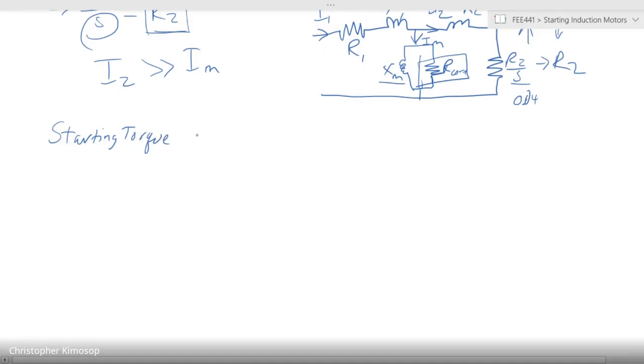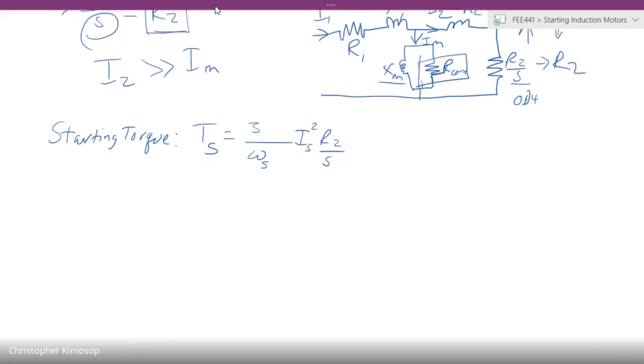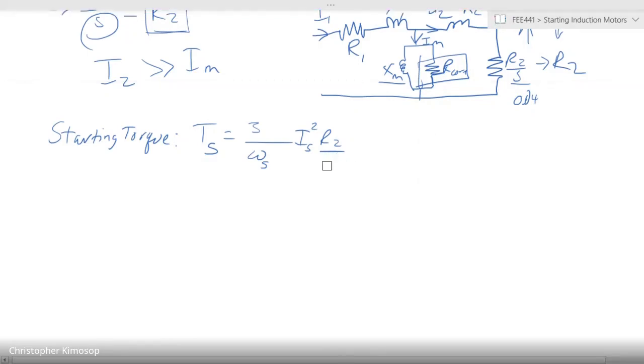Previously, we talked of torque being equal to 3 times omega times I2 squared times R2 over S. Therefore, starting torque TS will be given as omega at starting times I starting squared times R2 over S. Now, S at starting is equal to 1, so you can erase that.